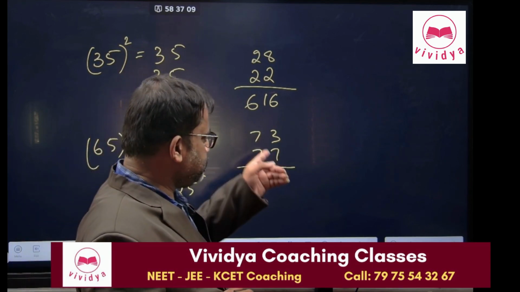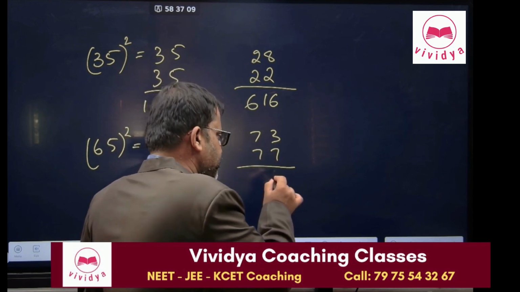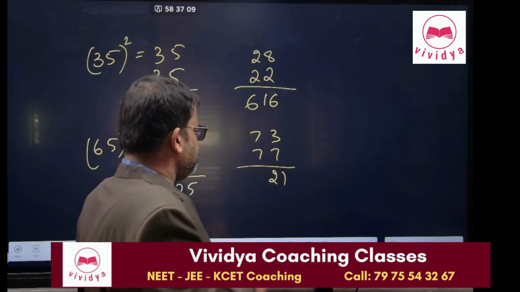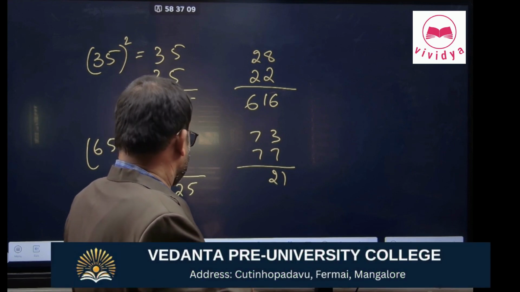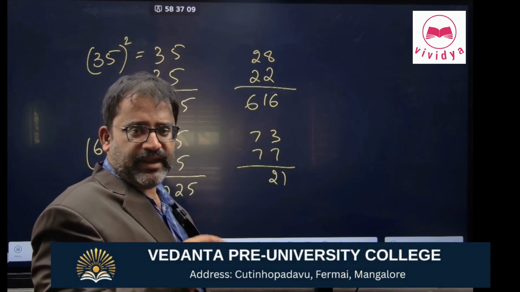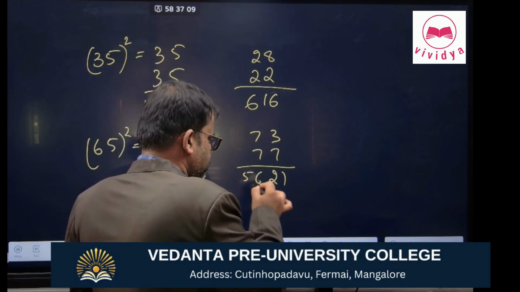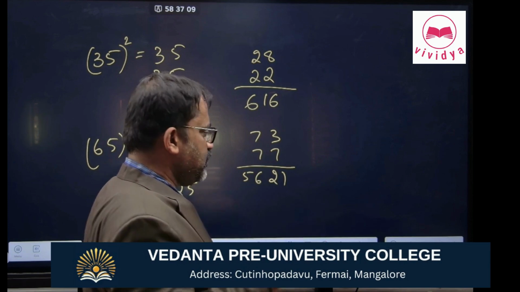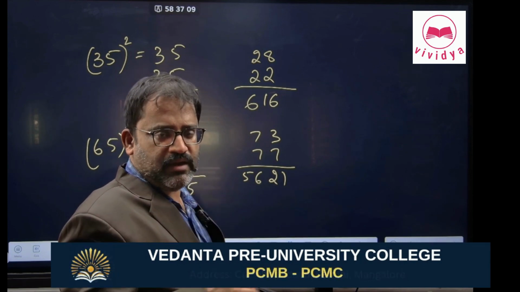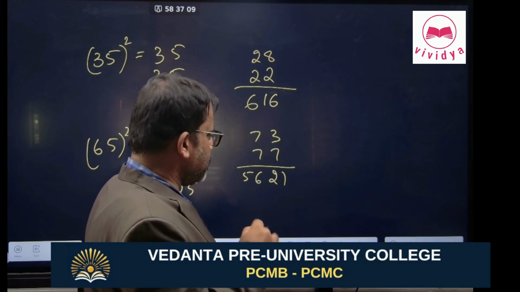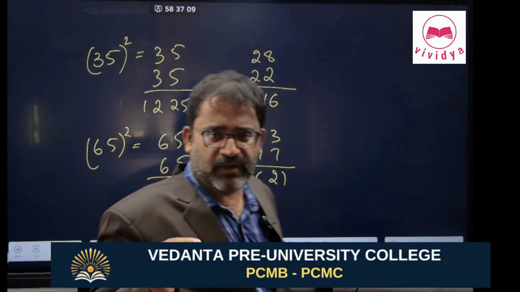So now 3 times 7 gives me 21 and 1 plus 7 gives me 8. 8 times 7 gives me 56. So the answer is 5621 for the product of 73 and 77.